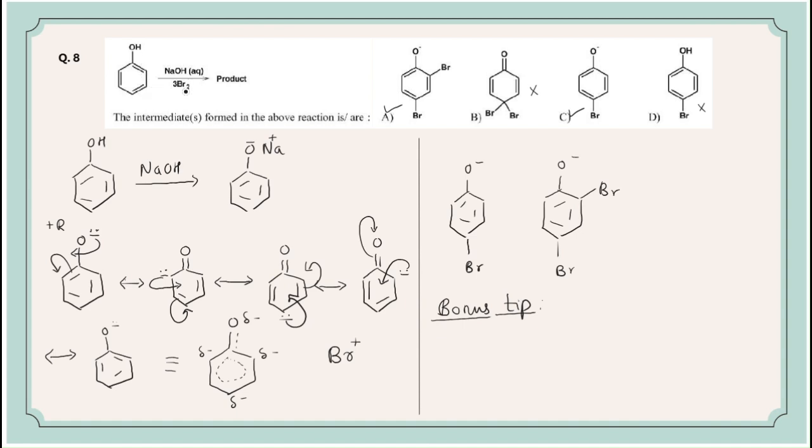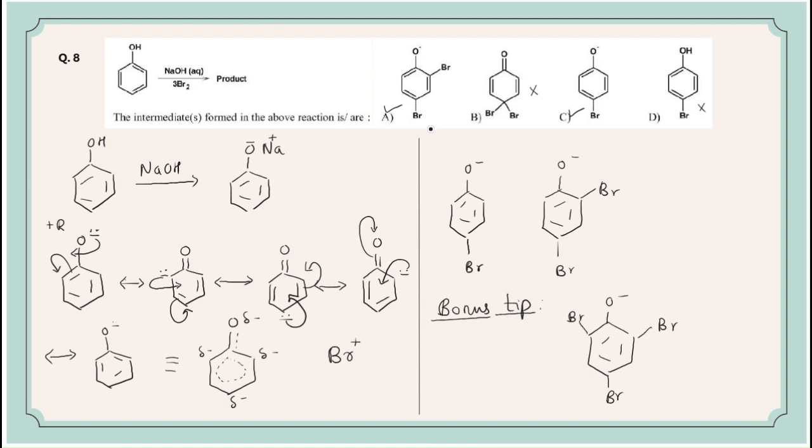Also, whenever you treat with excess of bromine, the reaction won't stop at the dibromo. It can form a tribromo product, which is a white solid. The formation of the white solid also indicates that your reactant molecule is phenol. So this test is used to indicate the presence of the phenol. That is the bonus tip for the given question.